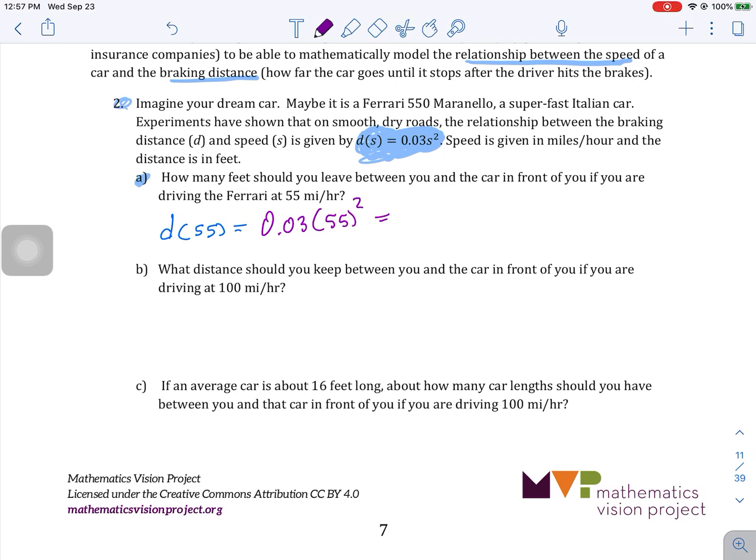Okay, and for that I'd go with the calculator, or you could create a table function that would also work for 55. And let's see, I get 90.75 feet.